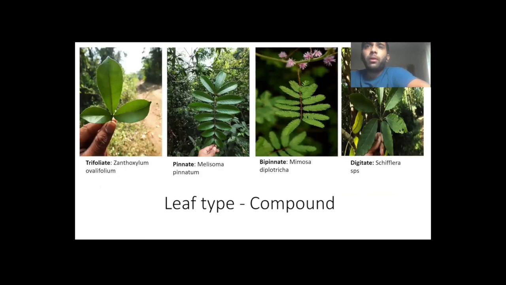Sometimes you can have compound leaves, where the unit of the leaf is not just one, it is more than one. So in this, the unit of the leaf has three parts to it, so it's called trifoliate, three parts. This is a pinnate leaf, which means it is straight. It has one level, one twig here, and then you have the leaflets on this, like your curry leaf.